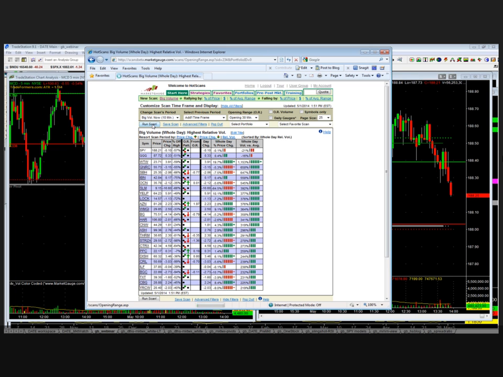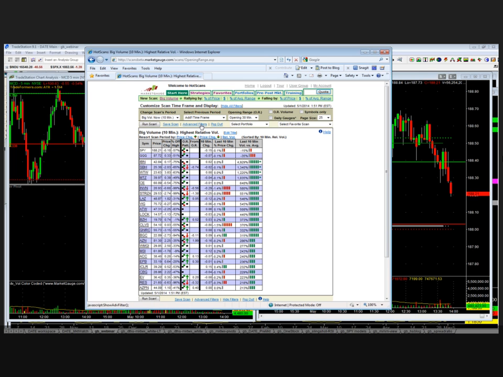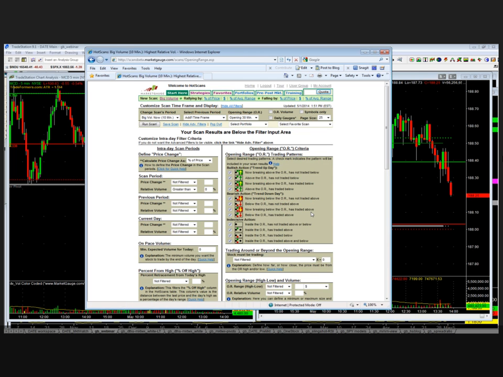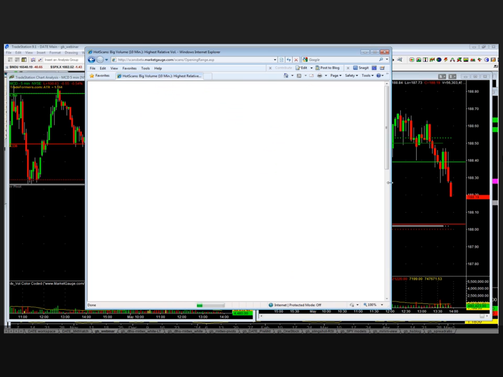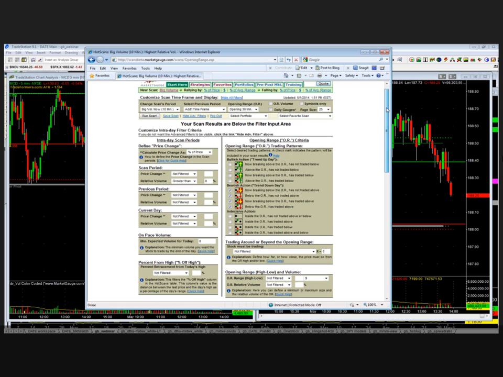Run scan. And let's say I only wanted to find stuff that's breaking down. Now I've only got stuff that's trading below the opening range. And let's see what we come up with. It has to have big volume in the last 10 minutes.